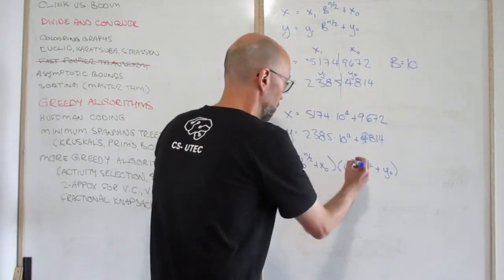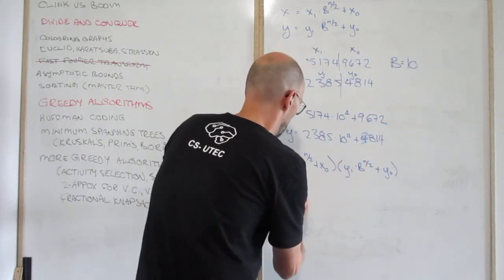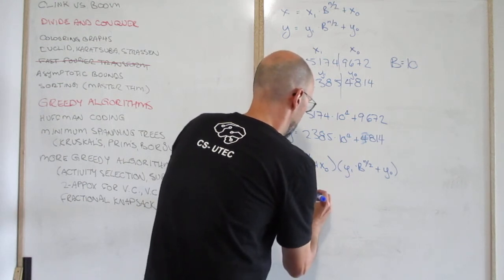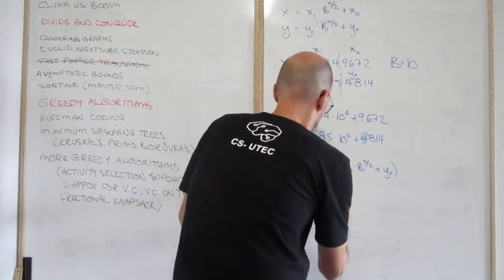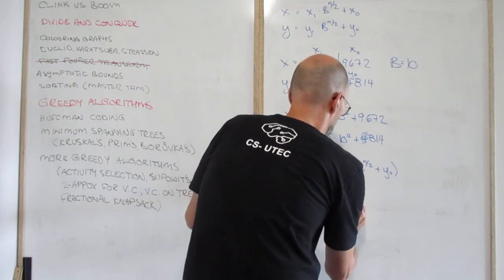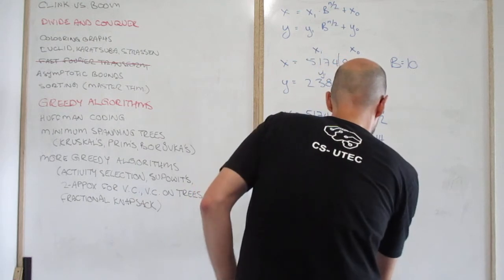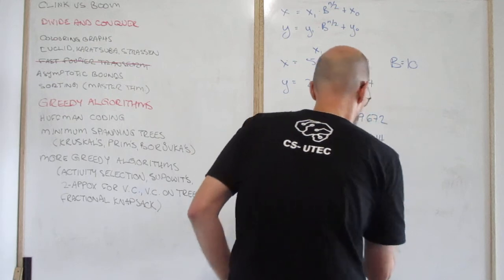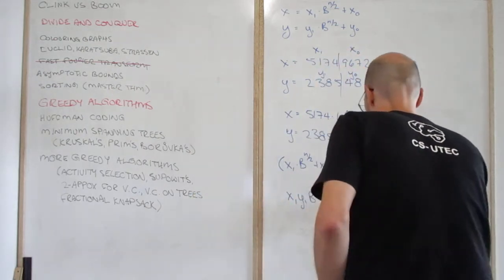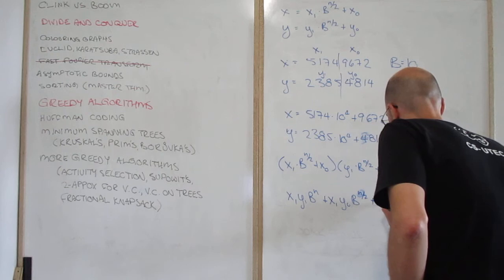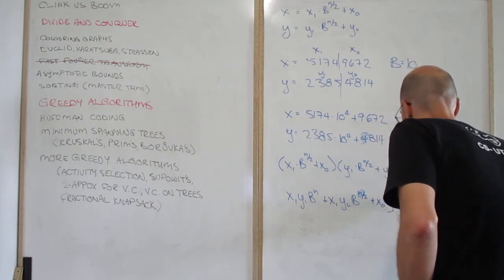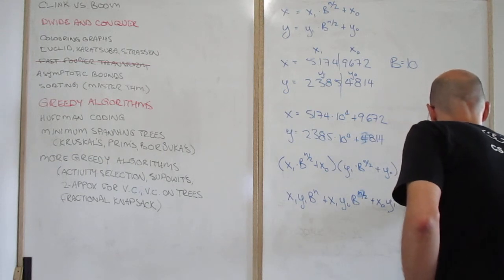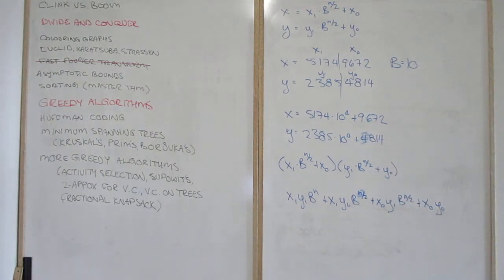So you normally do 4 multiplications. You do x1 y1 b to the n, plus x1 y0 b to the n over 2, plus x0 y1 b to the n over 2, plus x0 y0, right?